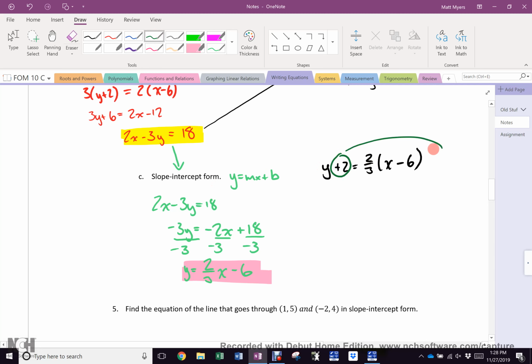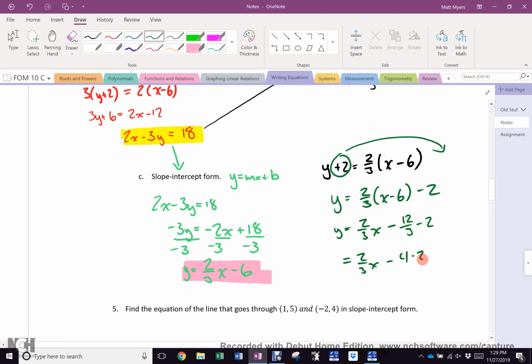I'd have to move that over here, right? And I would have y = 2/3 x - 6 - 2, yes? Then I would be forced to distribute here. y = 2/3 x - 6 times 2 is 12, minus 12 over 3 minus 2. 2/3 x. What's 12 over 3?